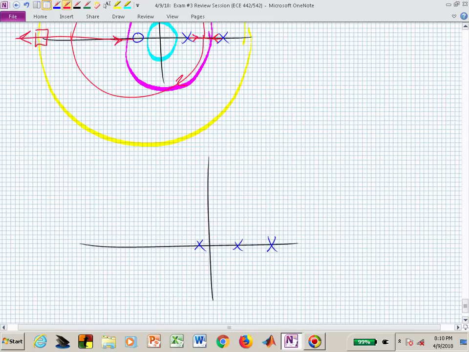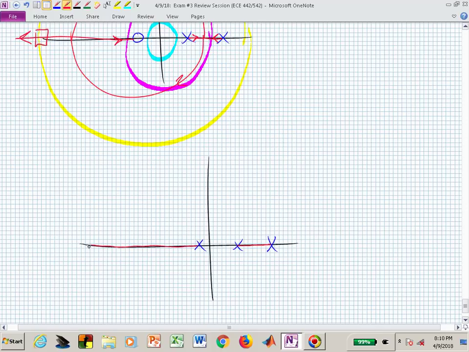To the right of the rightmost pole, is that on the root locus? In between the two right, between the left two, to the left of all three.